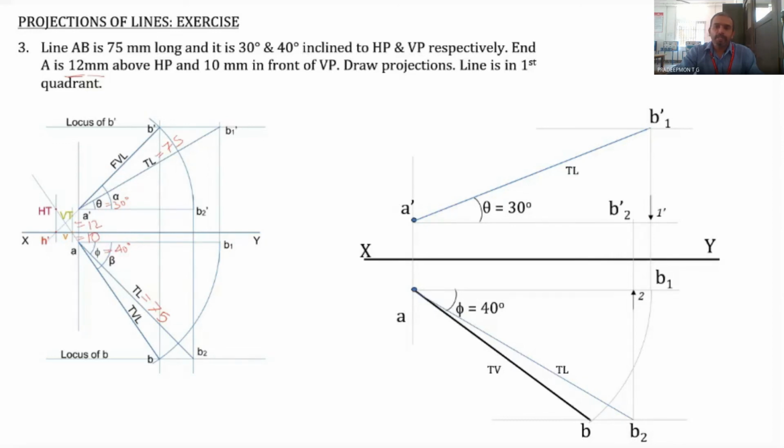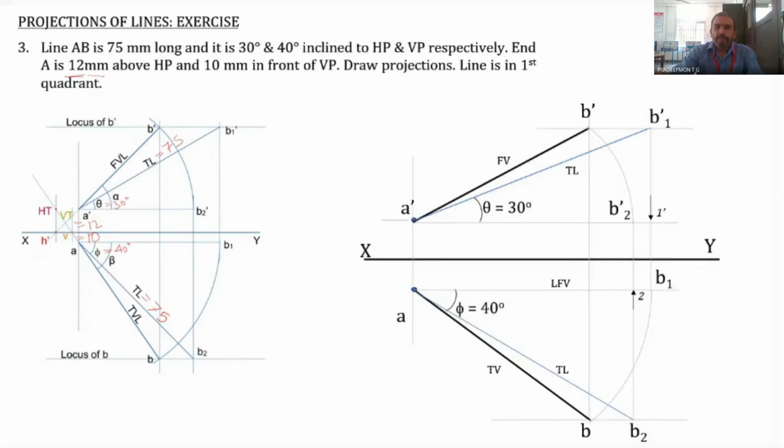And then the front view length A dash B2 dash is rotated in order to obtain the point B dash on the locus of B dash. Then join A dash with B dash. So this is the front view. And if your drawing is perfect, B dash and B will be in the same vertical line.